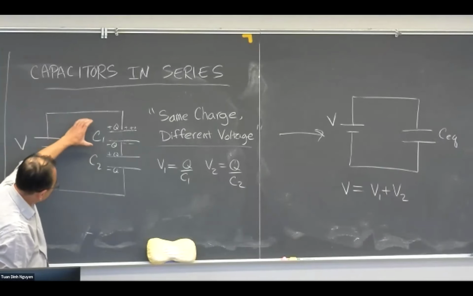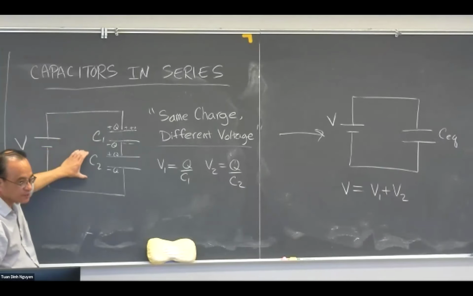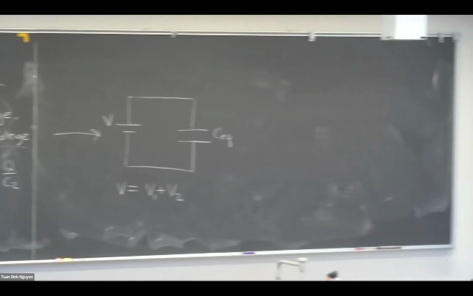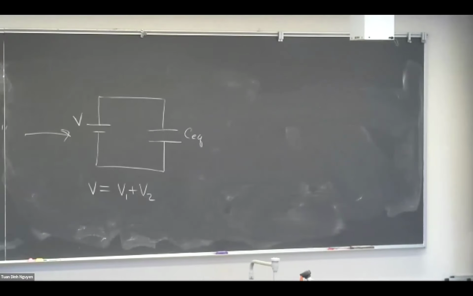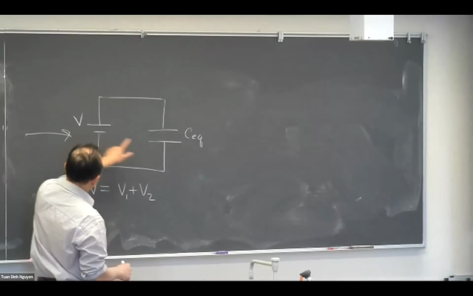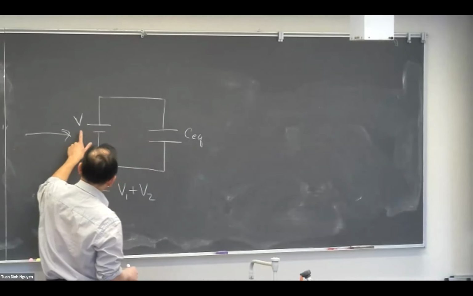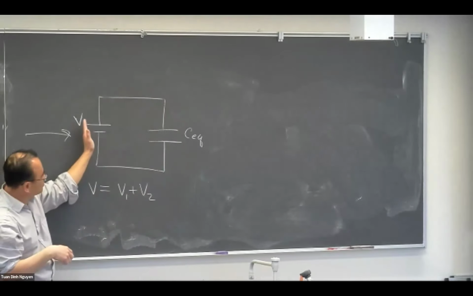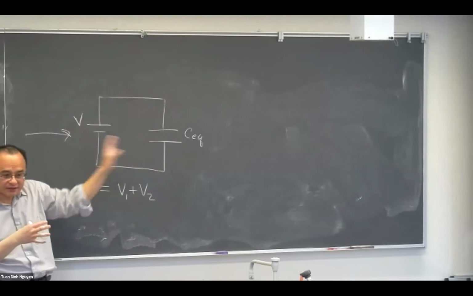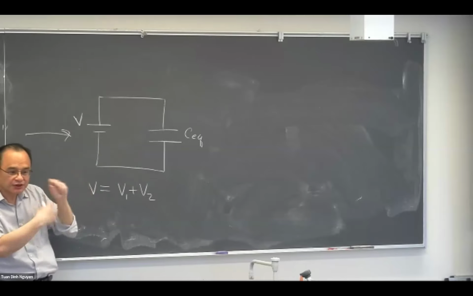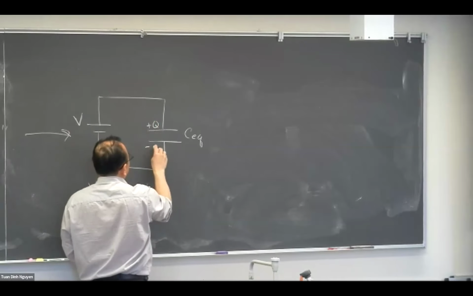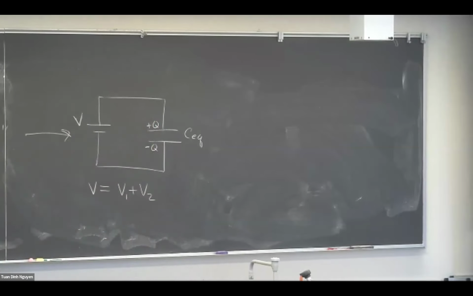If you add these two voltage drops together, V1 plus V2, they must equal the total drop. Remember, the battery doesn't know how many capacitors there are. It just knows how much charge left. So in this picture, it'll see the same amount of charge, just like in the other picture.